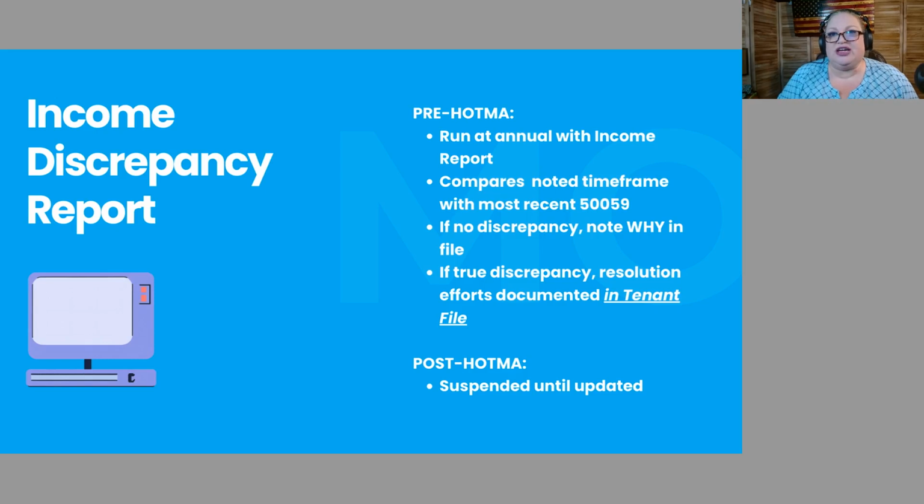All income verified is accurate, your name, the date. If it is a true discrepancy and it's something you're not aware of, then you need to investigate it, take whatever action you need to resolve it, which could be an interim or a correction. You're going to send that through TRACS as needed and make sure that that is documented on that report and in the tenant file.